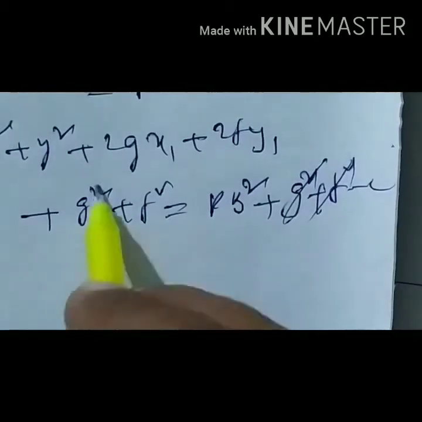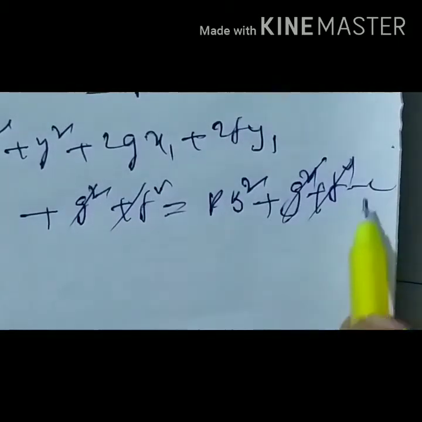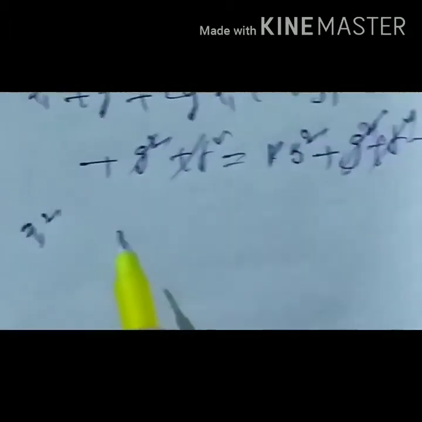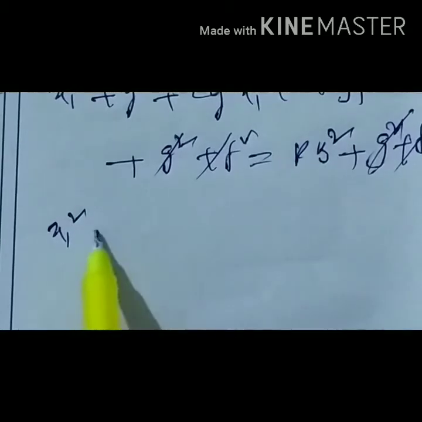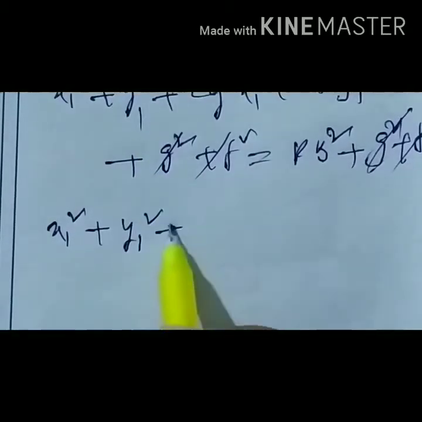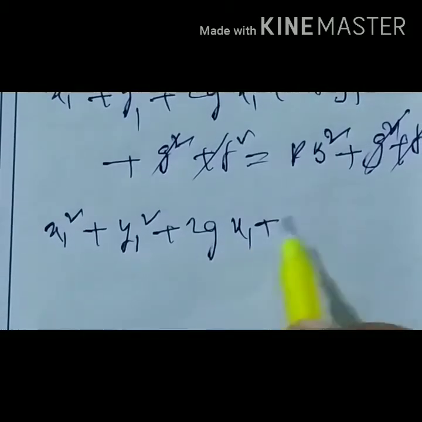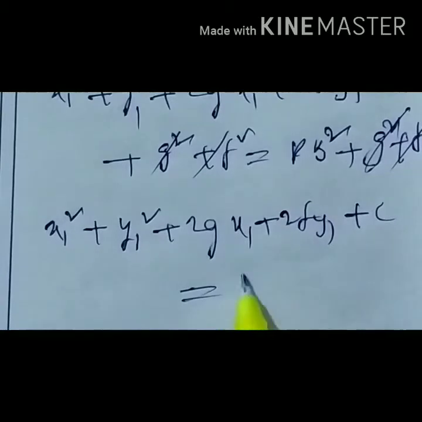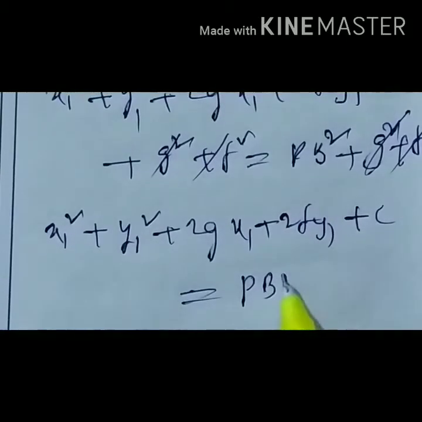G square plus f square cancelled. C goes to this side, that implies x1 square plus y1 square plus 2gx1 plus 2fy1 plus c is equal to PB square.